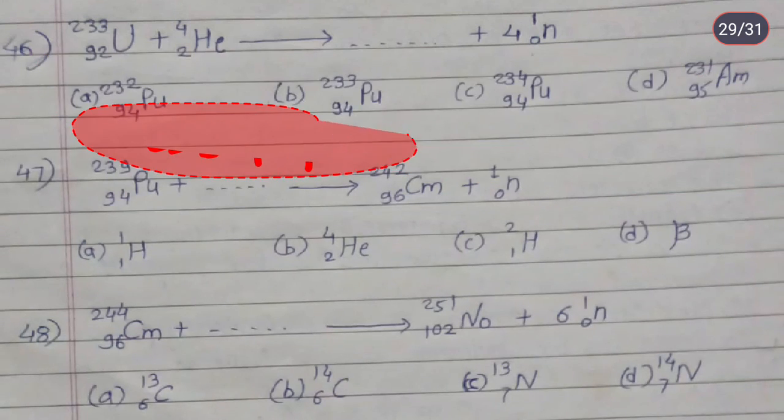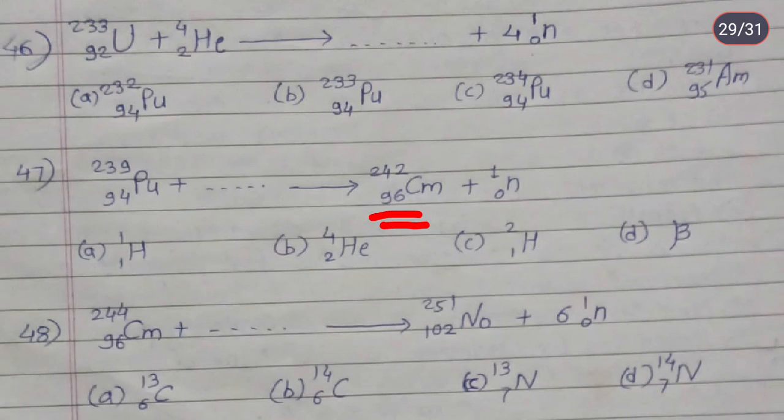Then the next question: plutonium 94-239 plus something gives curium 96-242 plus 1 neutron. So here also we balance the atomic number and mass number from the left side and right side of the reaction. Here 96 plus 0, here 94. So for balancing we require atomic number 2.